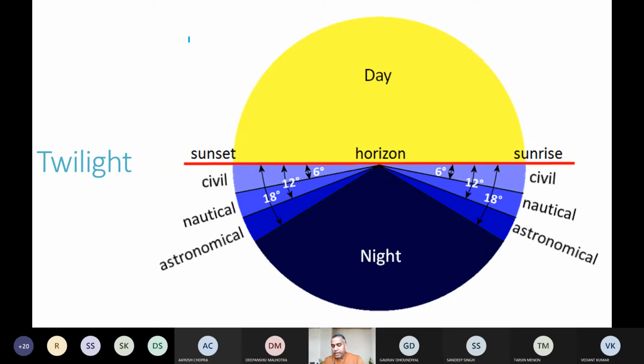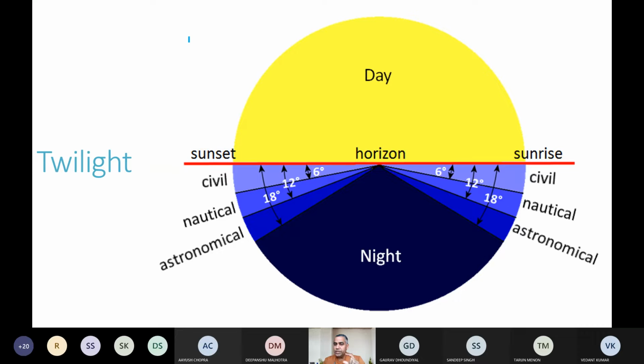Now, when we want to take a star sight or a planet sight, stars and planets are not visible to us during the day. They are visible to us during the night. Okay. Now, during the night, the horizon is not visible to us. We cannot see the horizon. The horizon is visible during the day.